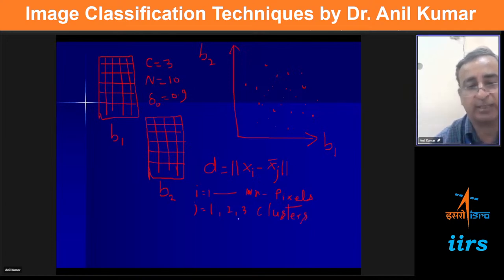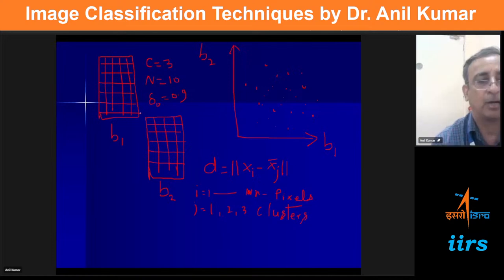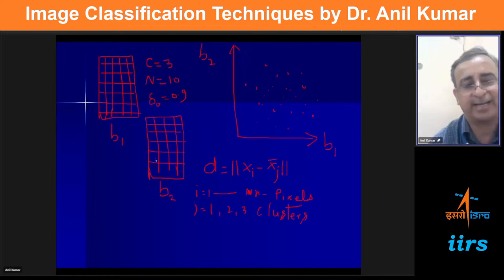Why am I not telling you that 1, 2, 3 is water, forest and agriculture? Because we do not have any ground information about this image or the study area. We have only the image of that area. So I do not know where is water, where is forest and where is built up. So here the labels will be 1, 2, 3: cluster 1, cluster 2, cluster 3.